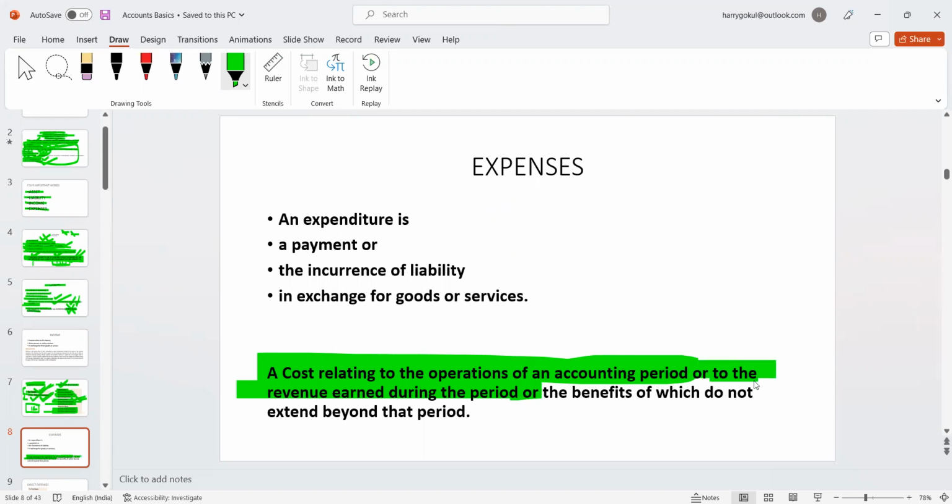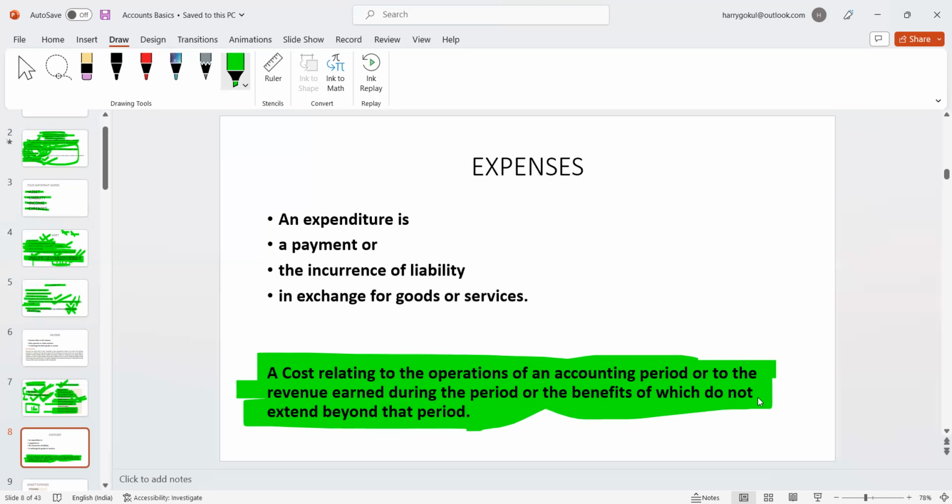It can be taken as an expense incurred to sell the product or make advertisements. So those come under expenses to earn the revenue, and the benefit of which does not extend beyond 12 months. For example, I incurred an expense; the benefit won't run more than 12 months because it was incurred during the year. You need to account it during the year.